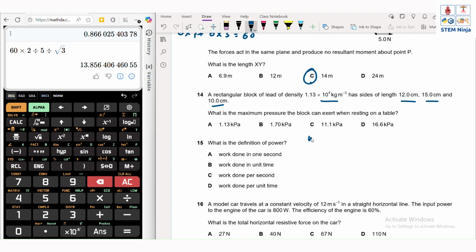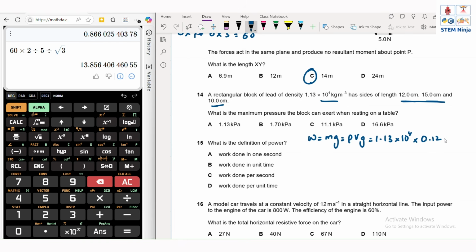So we need to figure out the weight is equal to mg. So mass is equal to density times volume. So density is 1.13 times 10 raised to power 4. And these three are in centimeters, so we need to convert them into meters.